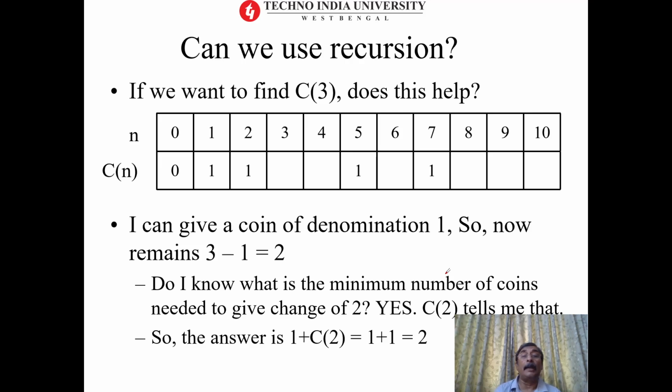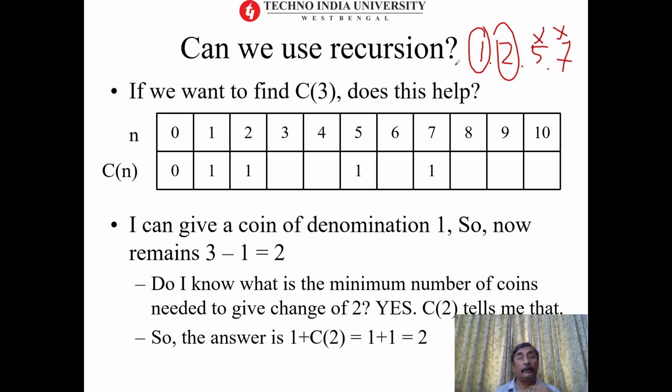See, I have 4 coins: 1, 2, 5, 7. Now for 3, 5 and 7 are not possible. So I could use 1 or 2. So let me try with this one.